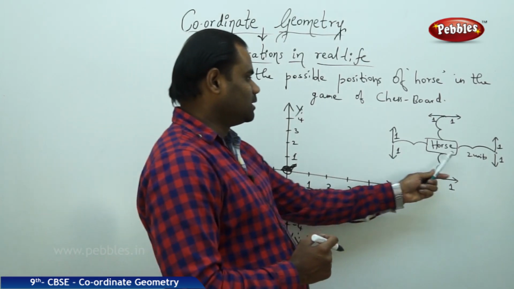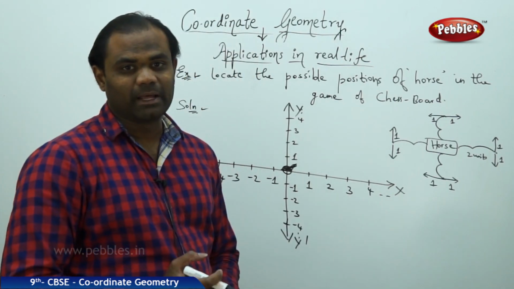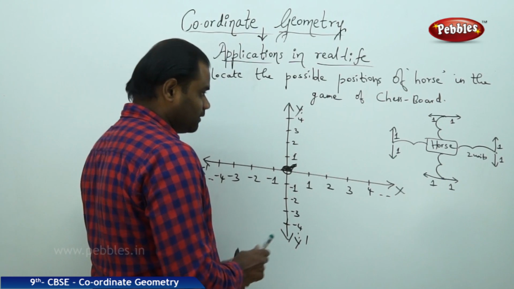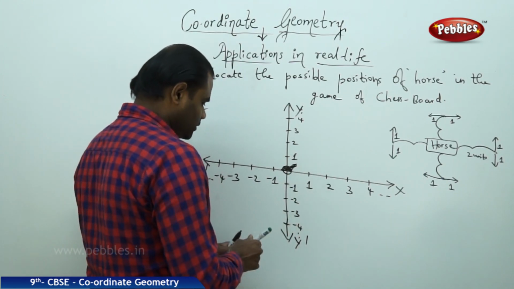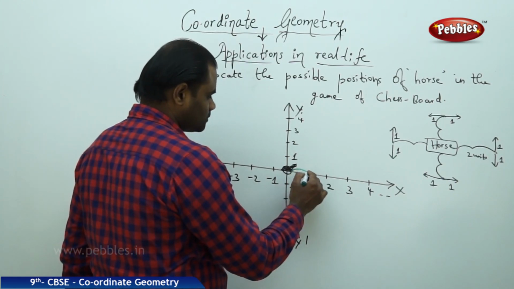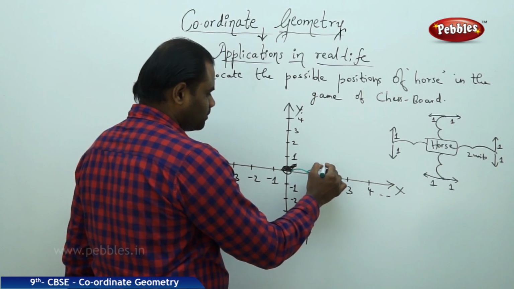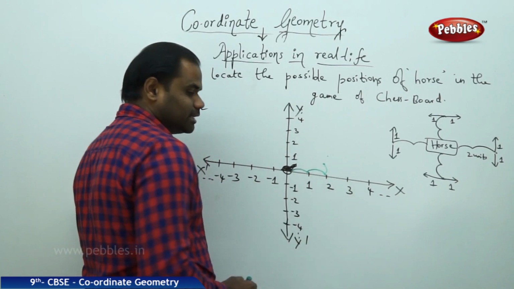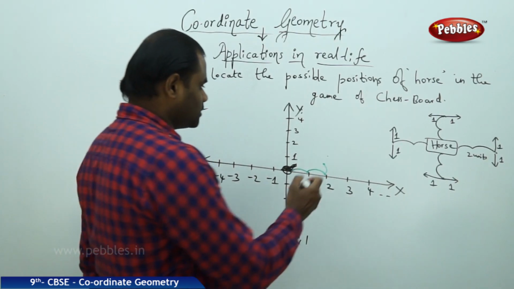So with this, let's see how we can apply this in the situation. Initially I have the horse moving 2 units to the right and 1 unit up. So my first position out here is this P, which is located here.